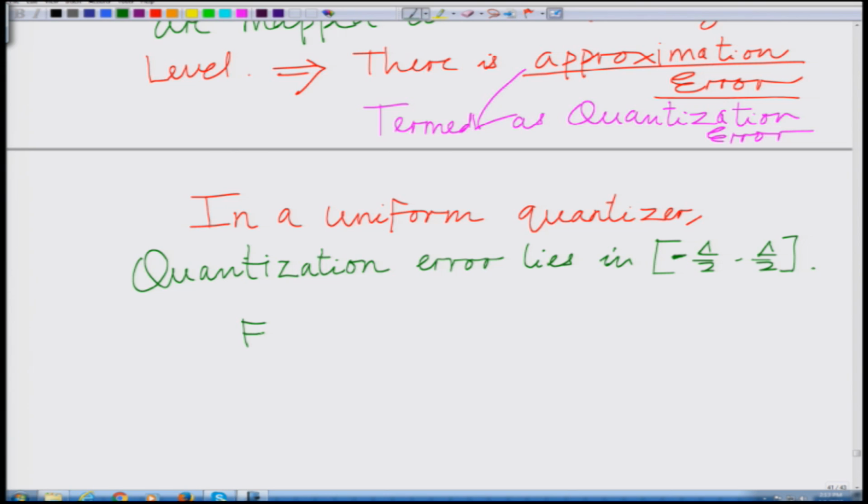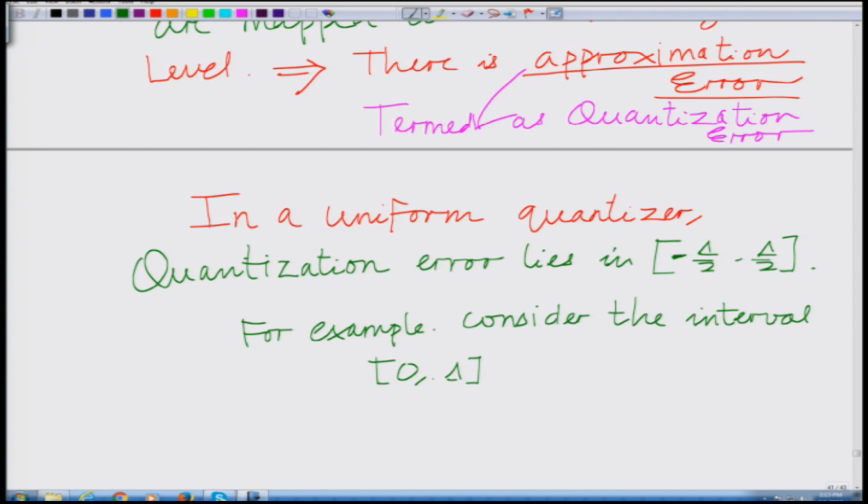For example, consider the interval 0 to delta.